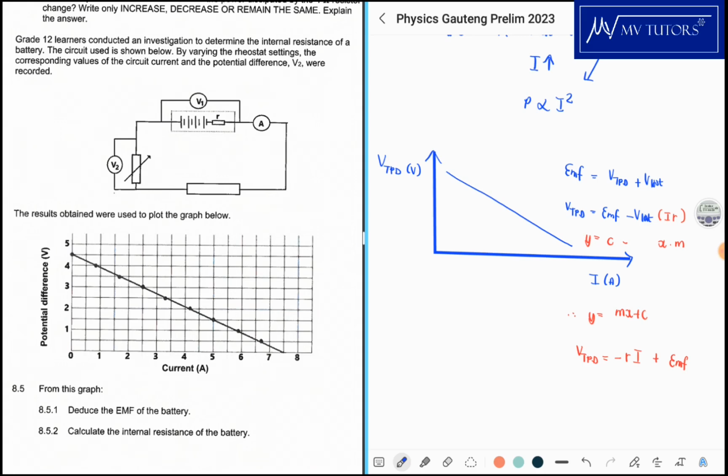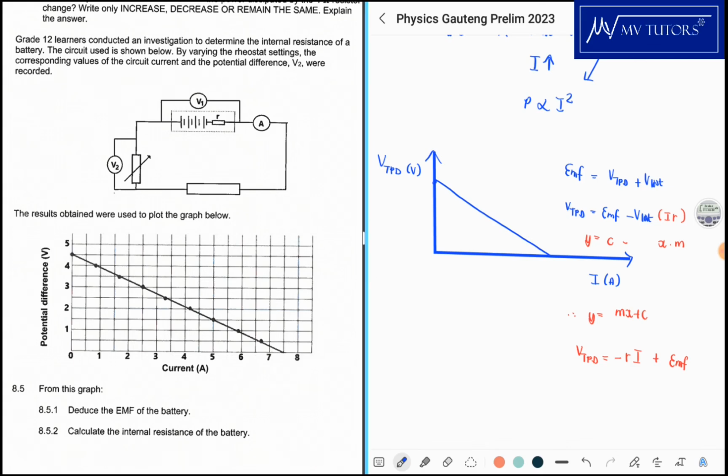And if you rearrange that equation, you can actually write it in terms of y is equal to mx plus c, where your gradient is the negative internal resistance, your x would be I, and your c, which is your y-intercept, would be EMF. Okay, so let me actually erase this and draw it again, this time let it touch.